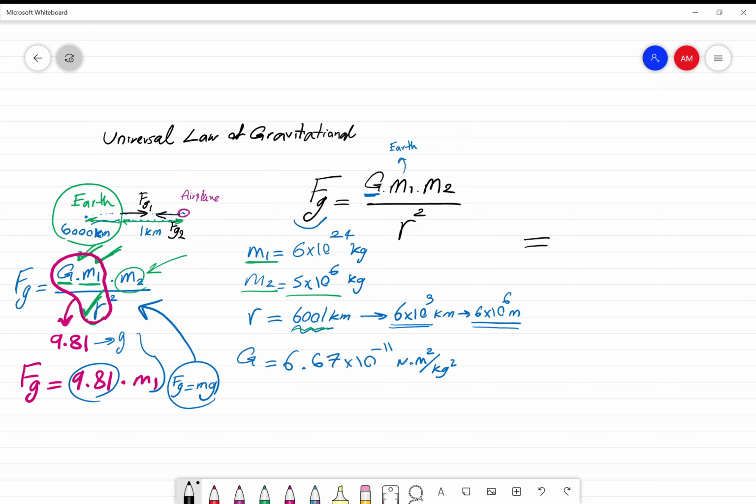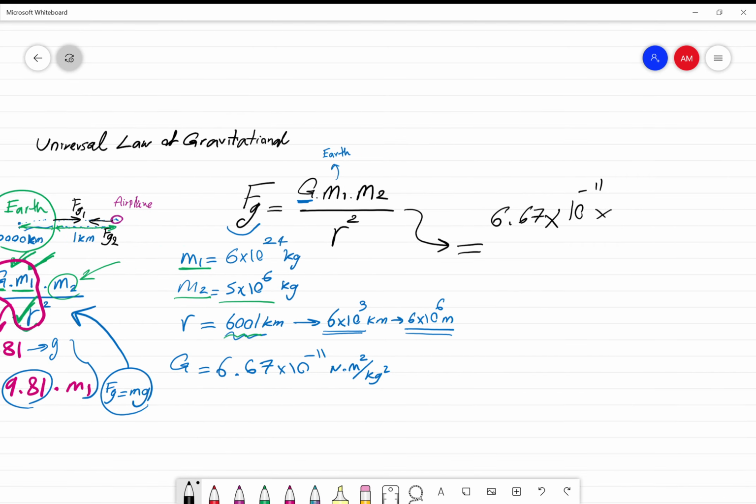But now going back to our equation, our question: we want to calculate the force of gravity between the airplane and Earth. So G is 6.67, following our gravitational equation, times 10 to the power of negative 11.